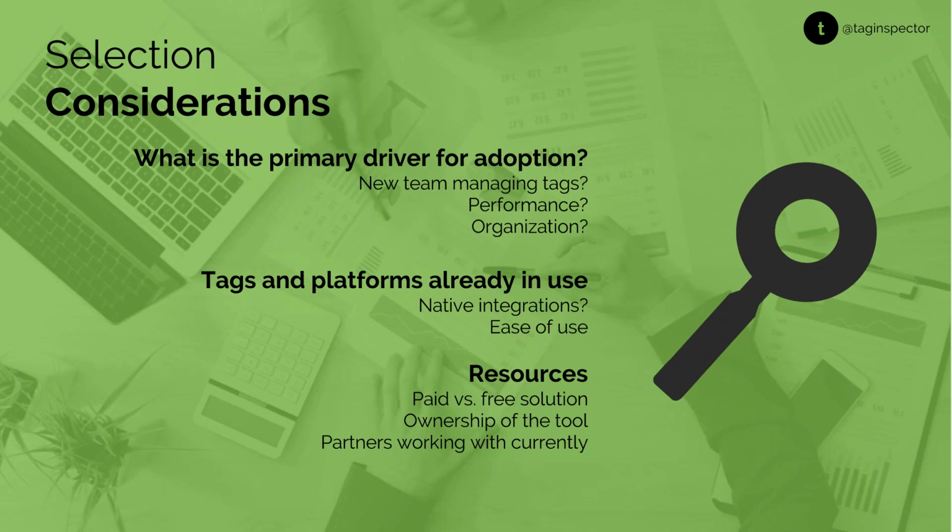If the primary reason for adoption is around performance, so I want a means of better organizing the different tags and pixels that I'm using, and I want to be able to manage them in one central place and reduce the weight of these different things on pages in order to improve page performance and user experience, in that case I'm going to look for a tag management system that, one, is going to allow me to do just that.